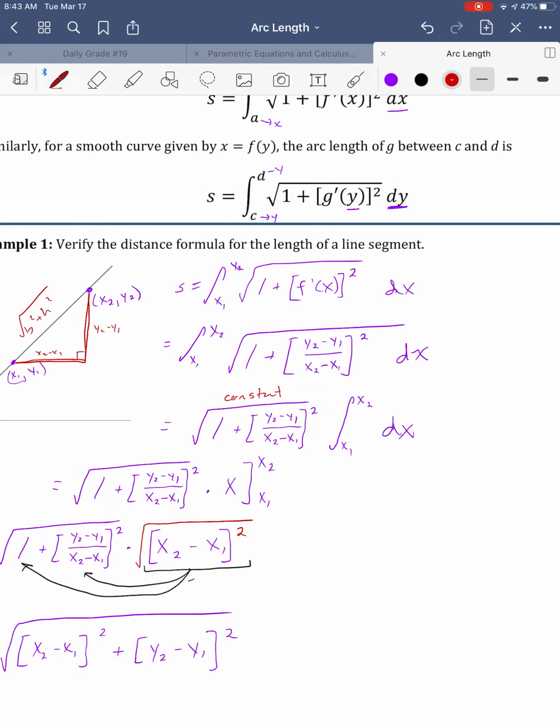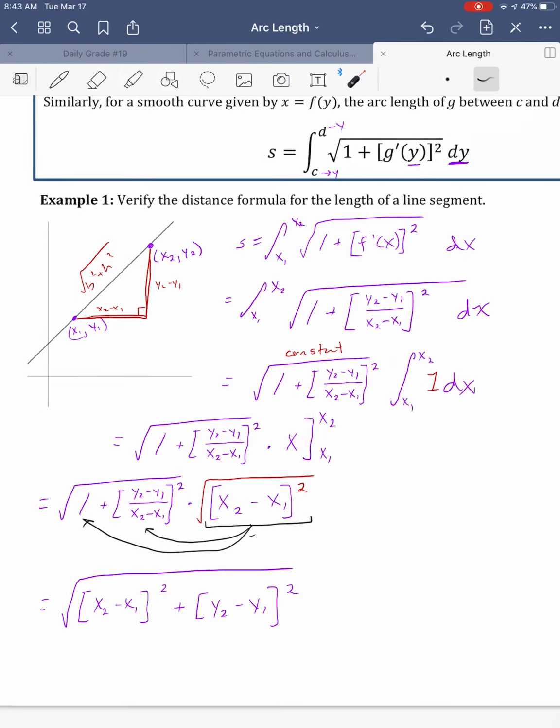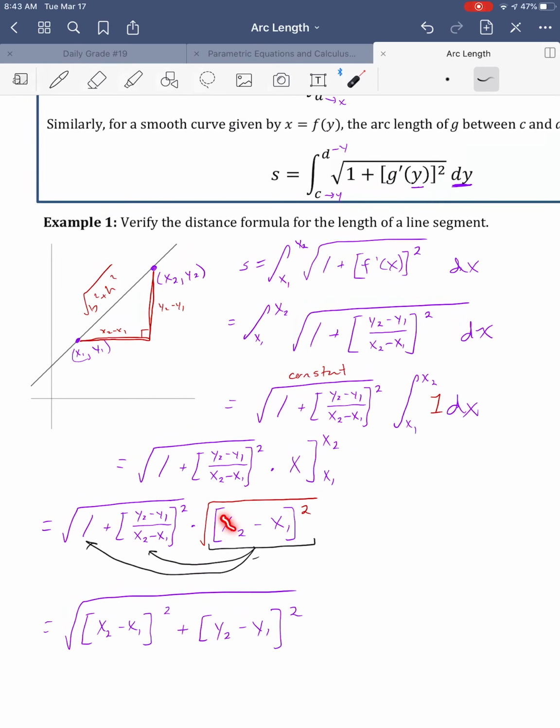The variable here is an x, which we don't have any, so you can imagine there's a little 1 there if that makes you happier. Then I take the antiderivative of 1, which is just x. And then you distribute x2 and then x1. So that's where I got this, x2 minus x1. That's from plugging in the antiderivative.